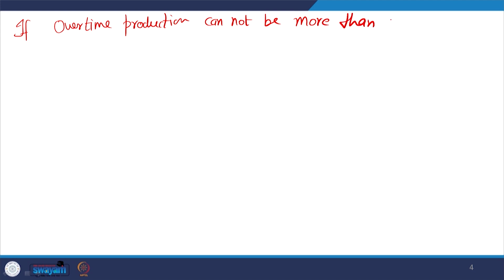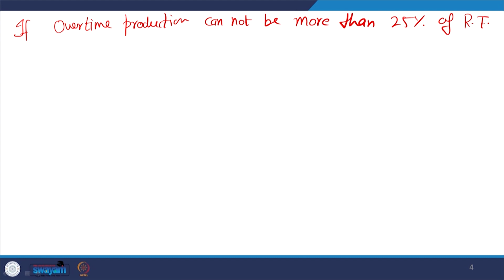For example, if the condition is that overtime production cannot be more than 25% of regular time. There may be a condition that overtime production cannot be more than 25% of regular time.